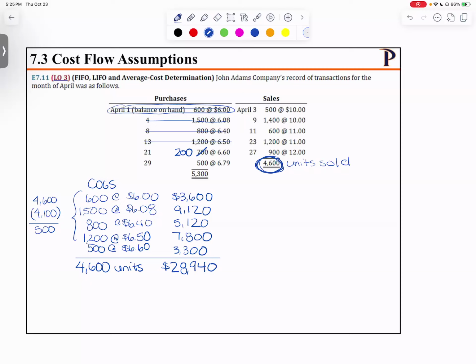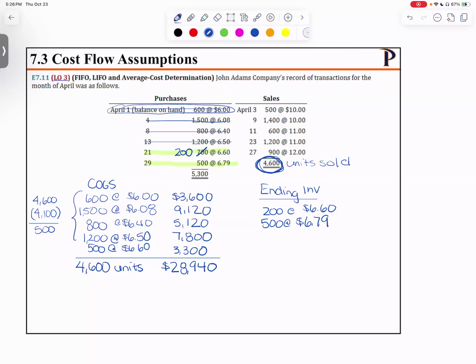So we can either manually calculate it by looking at what we have left. So we can see here that we have 200 units at $6.60. And then we have 500 at $6.79. So I just pulled that from these two lines right here.